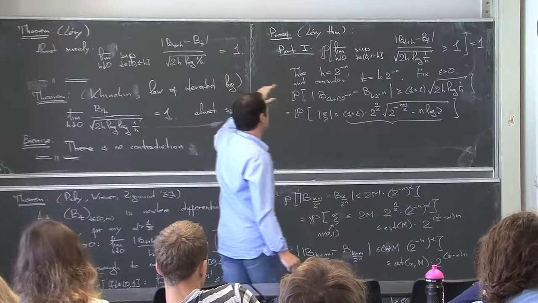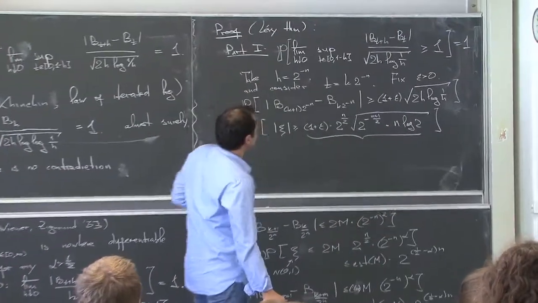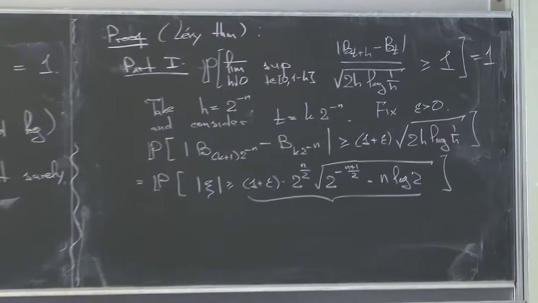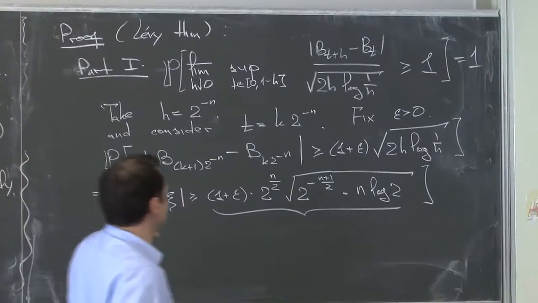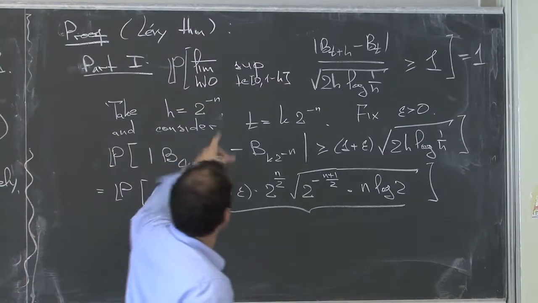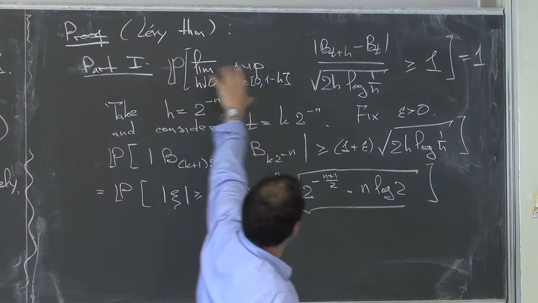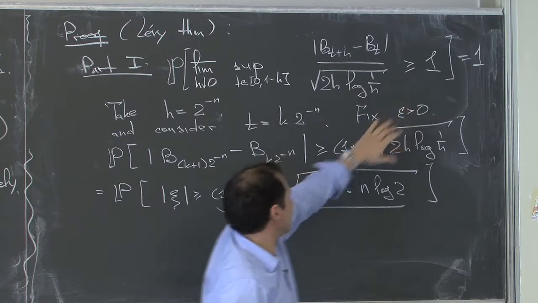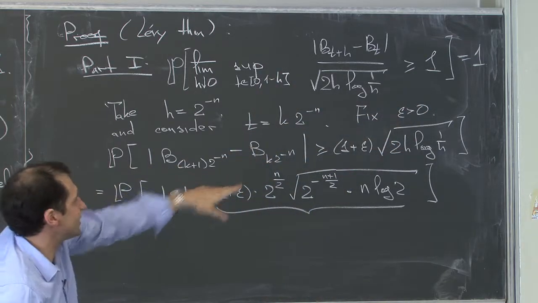So what I'm saying is that I'm going to prove that the opposite does not happen. What does the opposite mean? The opposite means that this limsup is strictly less than 1, say strictly less than 1 minus epsilon.